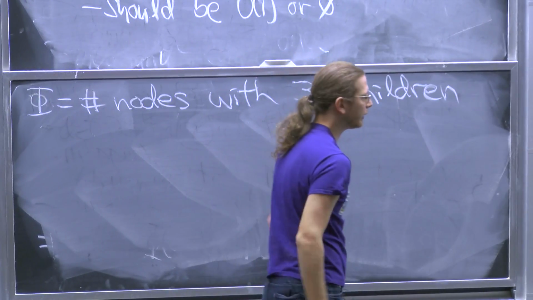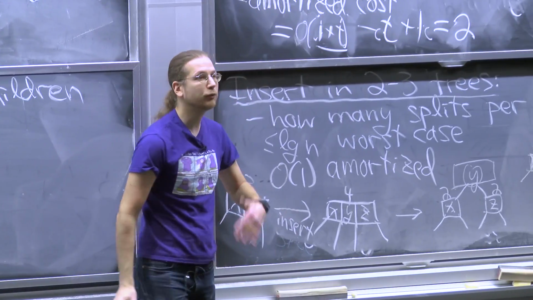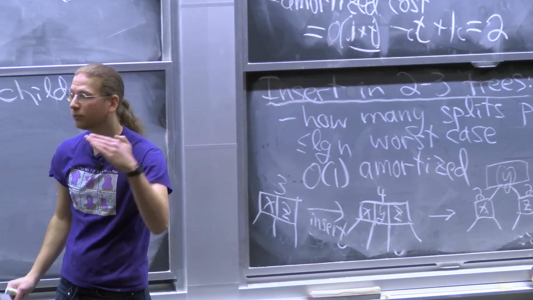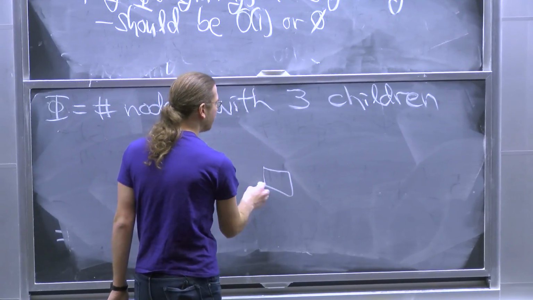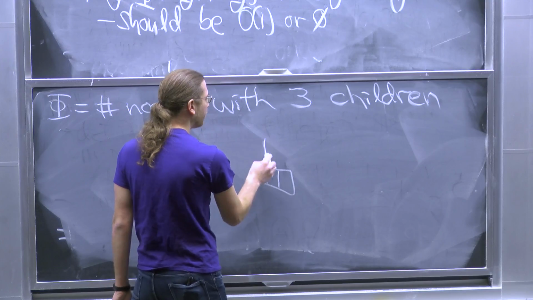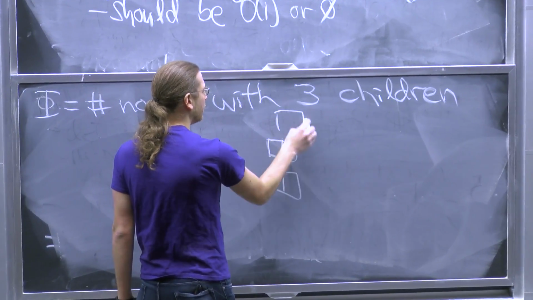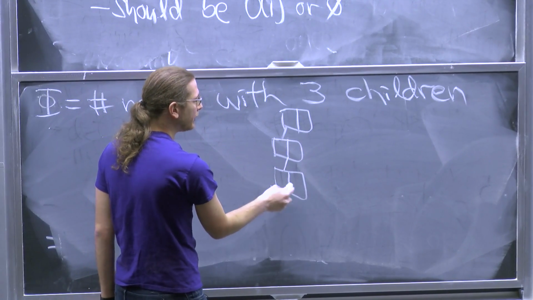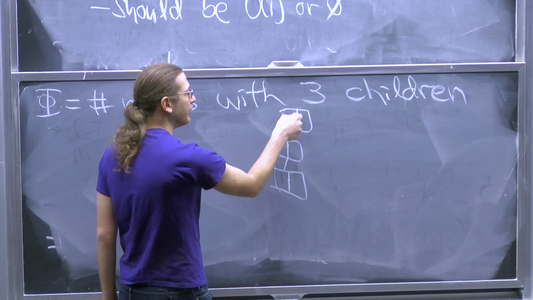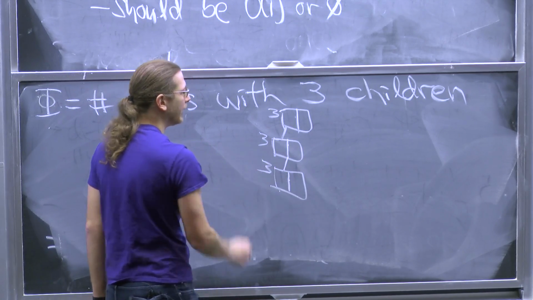If you look, I looked at just a single operation here, but if you look more generally about an expensive insert that does many splits, the only way that can happen is if you had a chain of 3 nodes all connected to each other. And you do an insert down here. This one splits, then this one splits, then this one splits. So there were all these 3 nodes just hanging around.